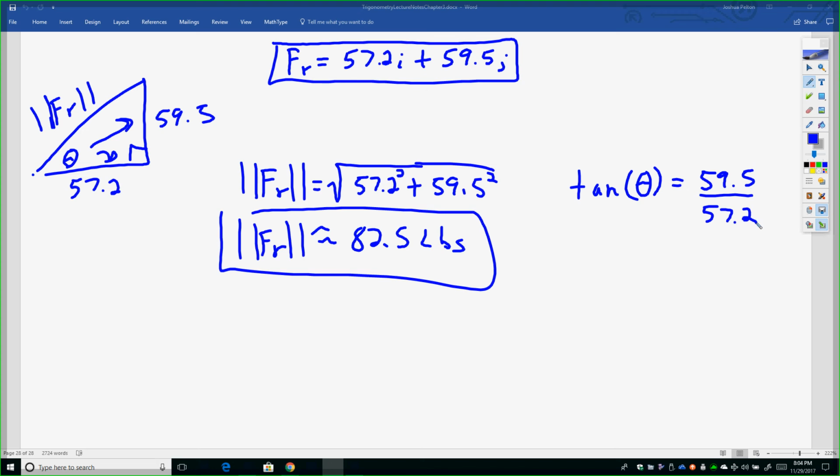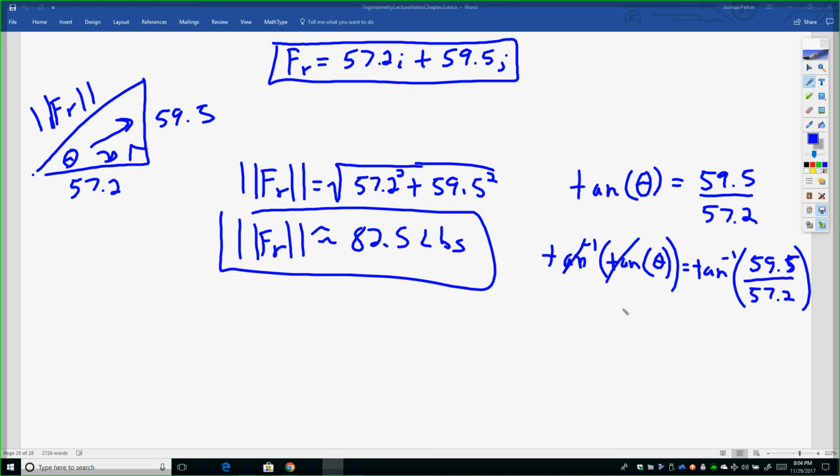So if I take the inverse tan of both sides, that'll cancel. So theta will give me approximately 46 degrees.